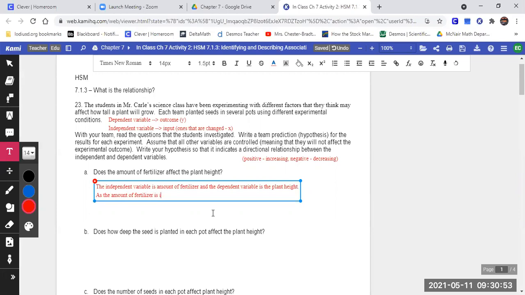Starts with the letter I. What do we call it when we're getting bigger? Starting with the letter I. Look up at how I explained the directions. Increases.